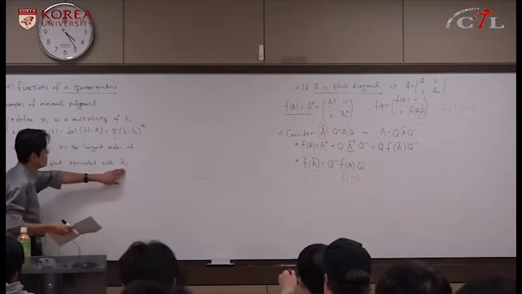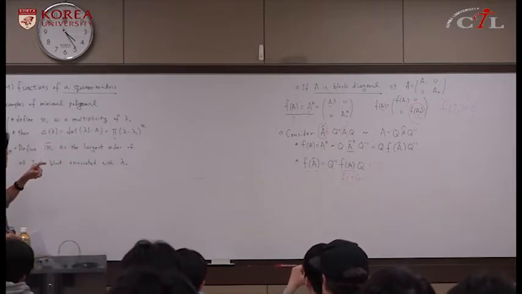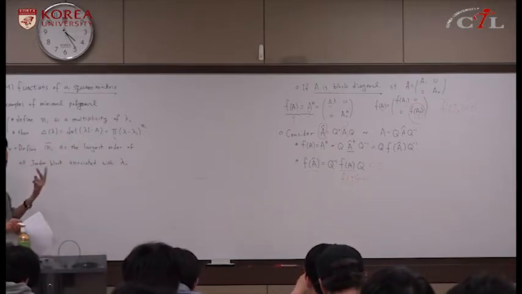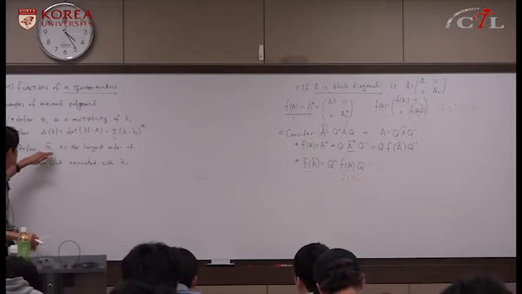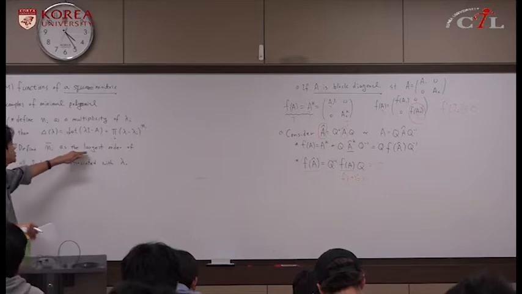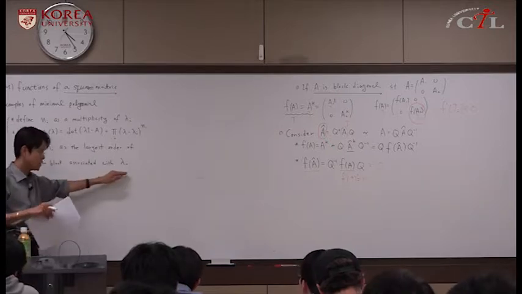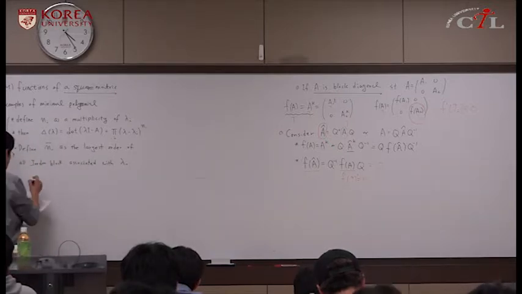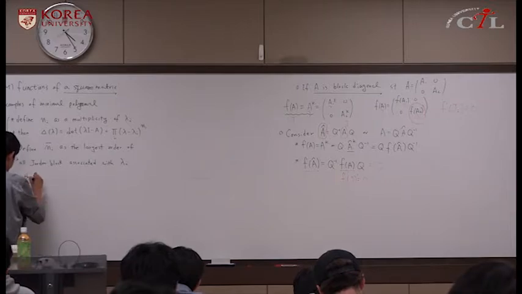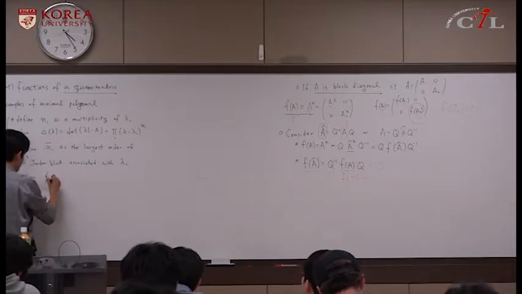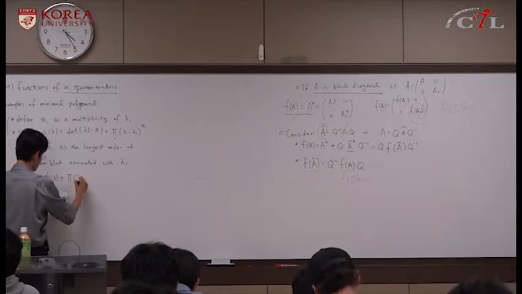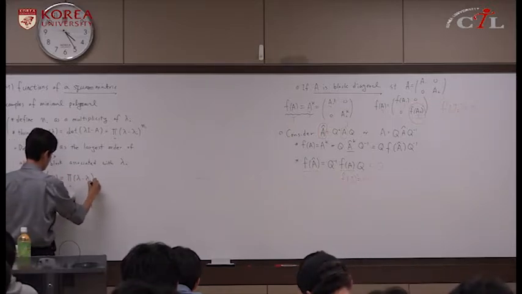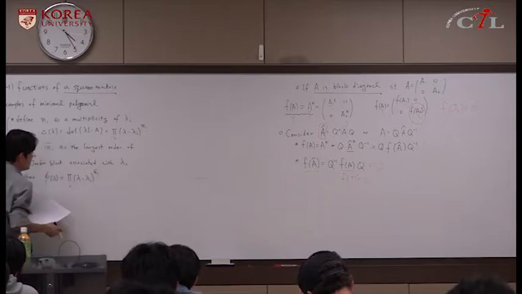For a given lambda i, there could be one Jordan block, or two, or three. There could be multiple Jordan blocks. So let's say Ni bar is the largest order of a Jordan block associated with a specific lambda i. Then the minimal polynomial that we want to find is given in this form.